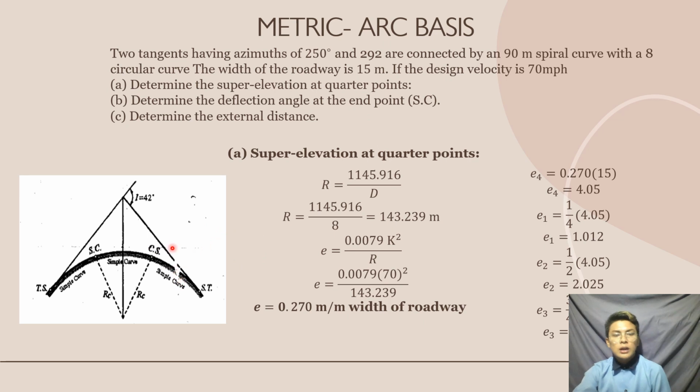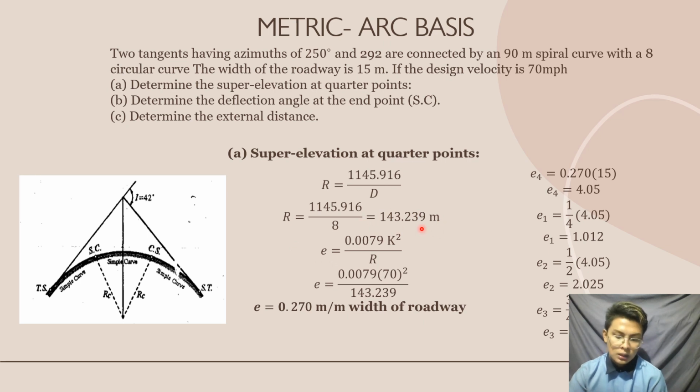So here's our given figure. We must first get our super elevation at quarter points, and for that we must first get the radius of the curve. Using the formula 1145.916 divided by our degree, which is 8, we have 143.239 meters.